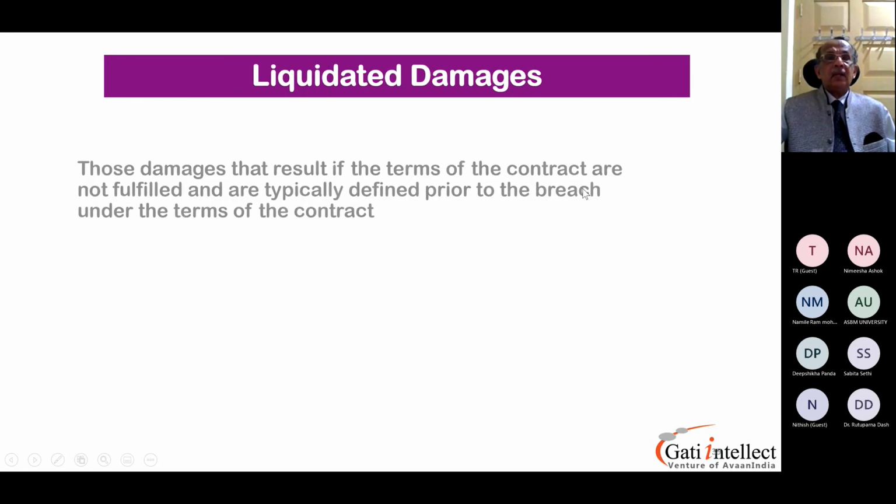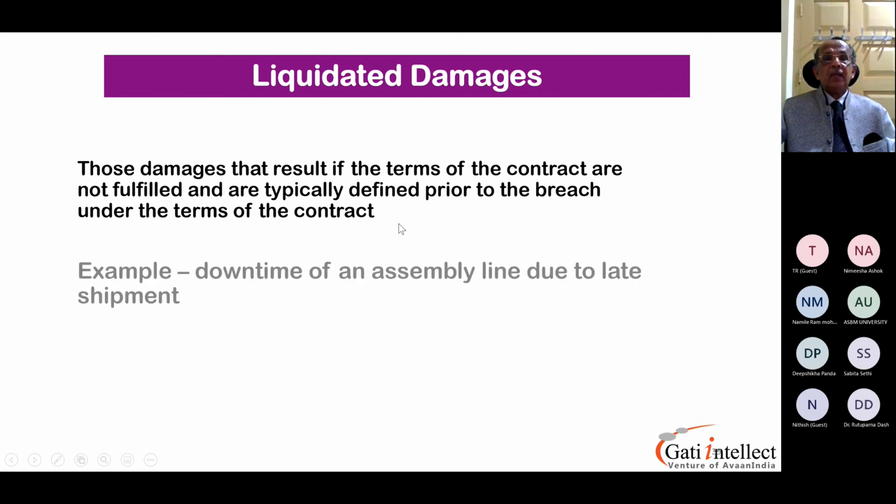Liquidated damages: those damages that result if the terms of the contract are not fulfilled, and are typically defined prior to the breach under the terms of the contract. Again, similar to what I just said, downtime. A manufacturing company ordered certain spares by air freight because the whole factory was down.